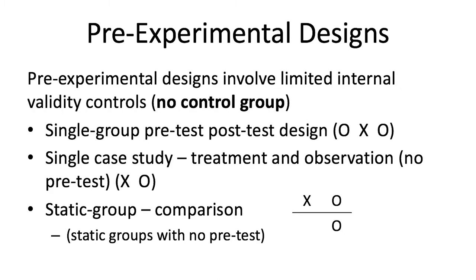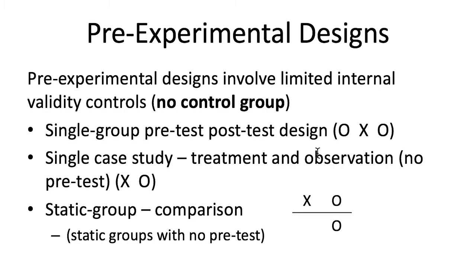In a pre-experimental design, I just don't have a control group. And so I can do all the other things that I want to do, whether it's cross-sectional, longitudinal, time series, or group comparisons. But I don't have a control group to compare people to. Now, there's one notable kind of boundary example here. So pre-experimental designs typically involve single group, post-test design. I could also have multiple treatments, so I could be comparing across treatments.